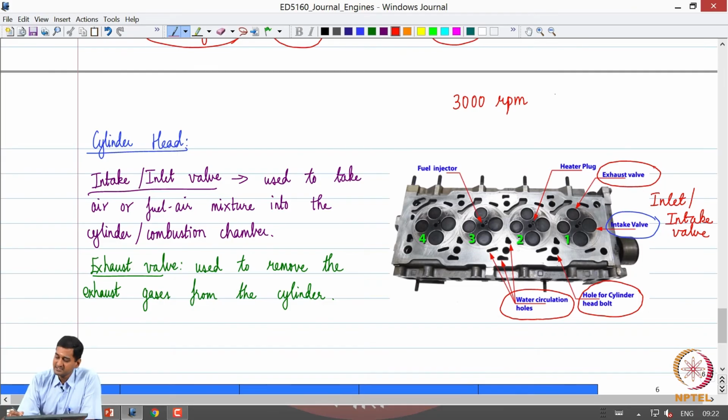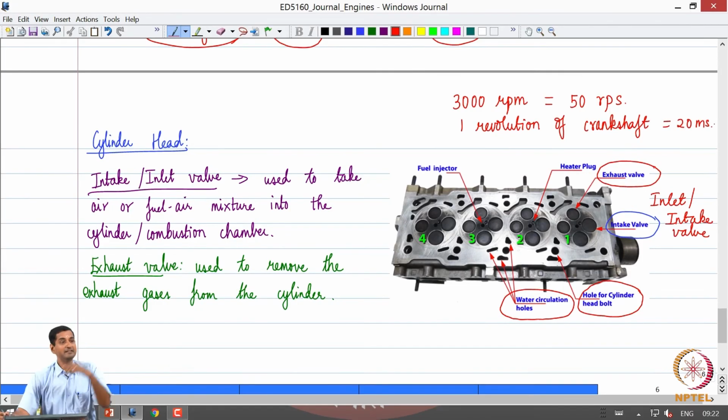Okay. So, 3000 revolutions per minute is going to be how many revolutions per second? 50 revolutions per second, right, I divide by 60. So, then how much time would one revolution take? 1 by 50, right. 1 revolution of the crankshaft is going to occur in 20 milliseconds, right. Do you agree?